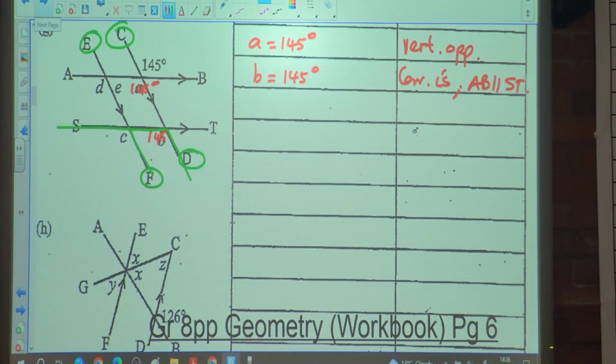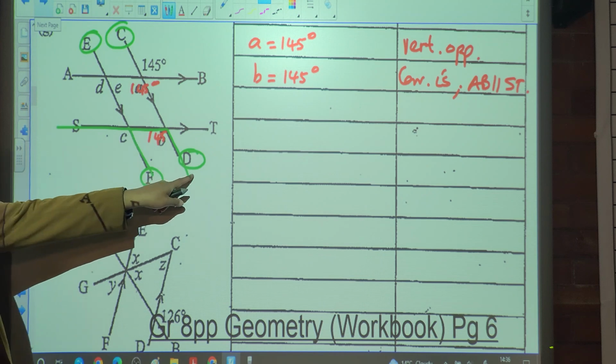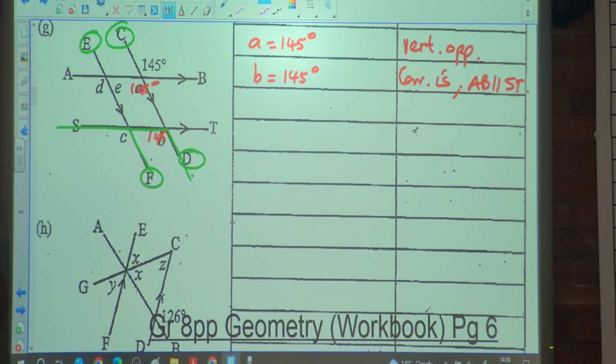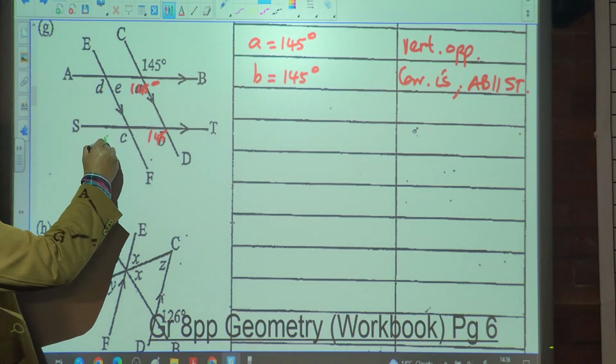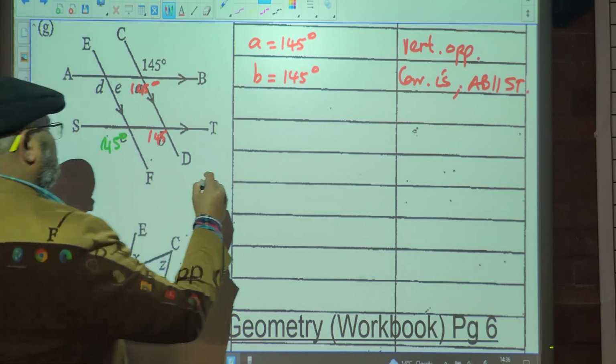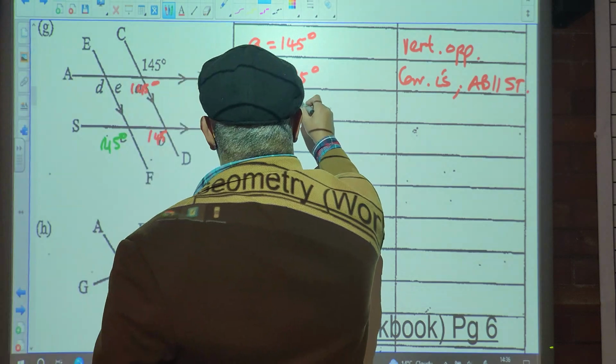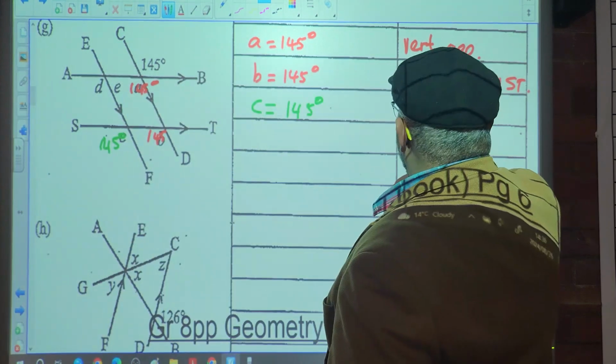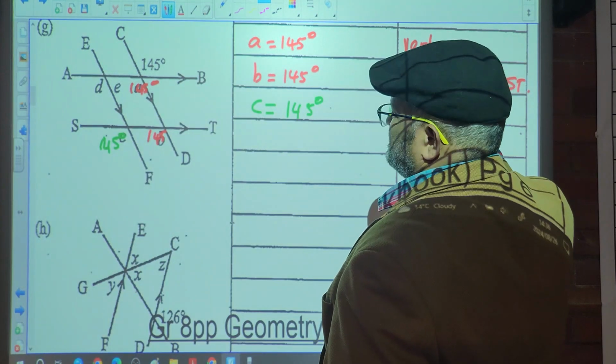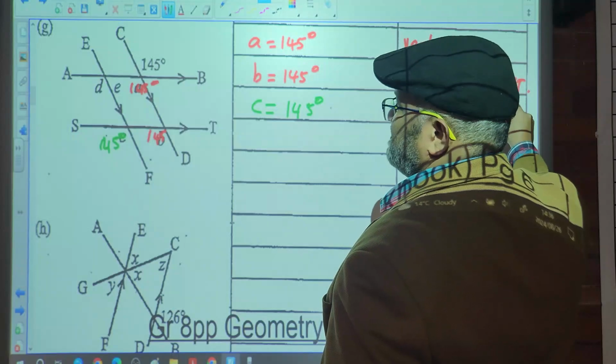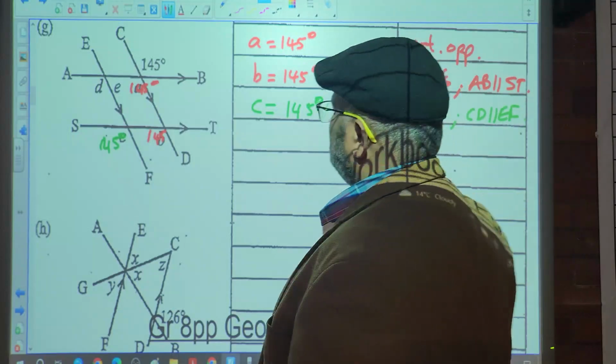You see that, people? Those lines are now parallel. Okay? So C is 145, corresponding angles with CD being parallel to EF.